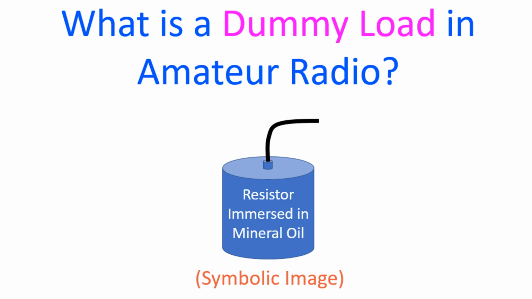SWR, though easy to measure, is not the ultimate in antenna measurement. For example, a dummy load may have an ideal SWR of 1:1 but will not radiate any power as radio frequency, and all the power fed to it is converted to heat and lost.